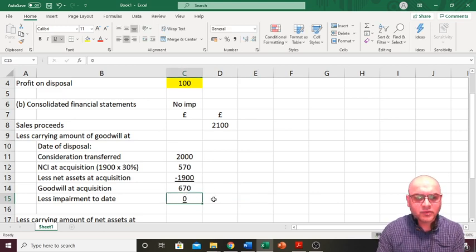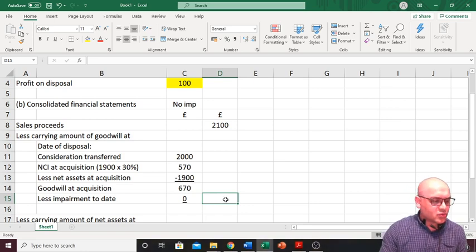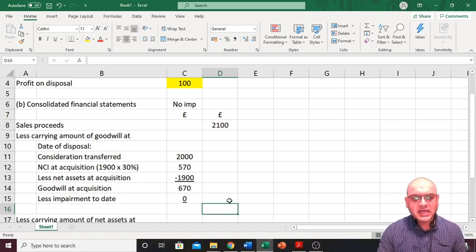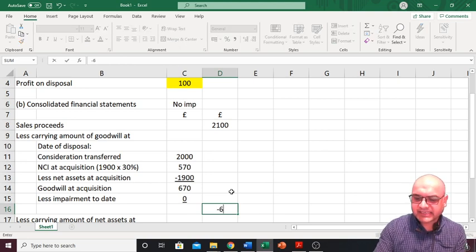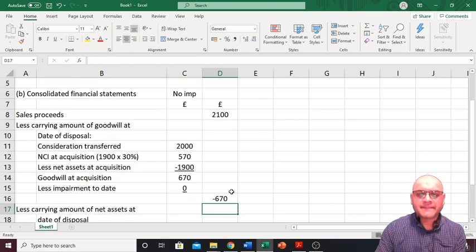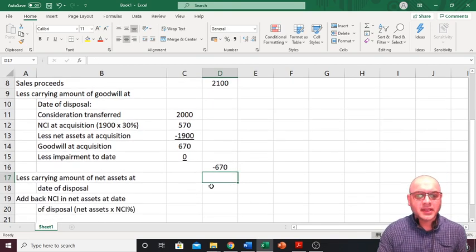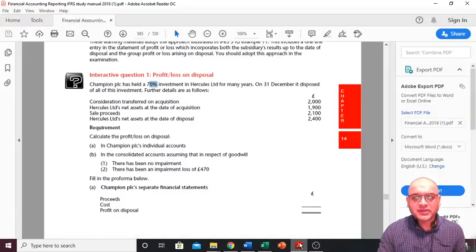Okay, and therefore the total goodwill, or the carrying value of goodwill, that we will be deducting from sales proceeds will become 670. Now then we have less carrying amount of net assets at the date of disposal. Now the question is quite generous. We know how much it is straight away.